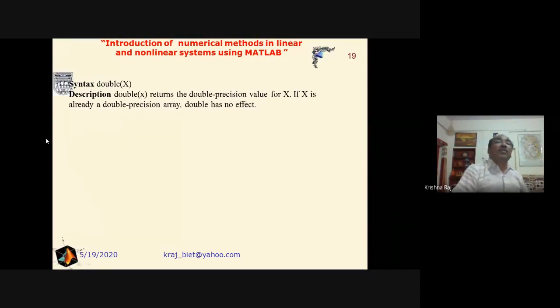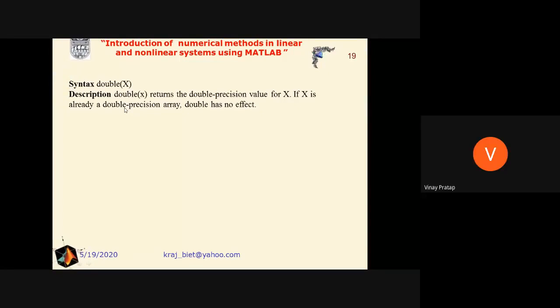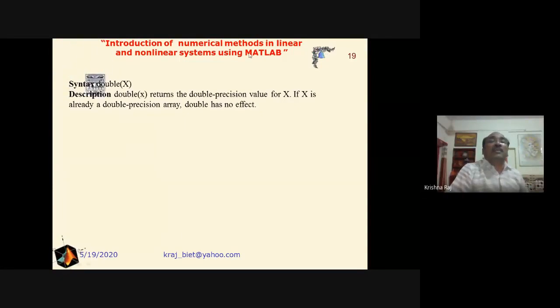So we have to follow a syntax for the number system. Either we can use here the single precision or the double precision. If we are interested in the double precision, then we will write here double x. When we say double precision, it is 64-bit number precision, and it is a floating point representation.